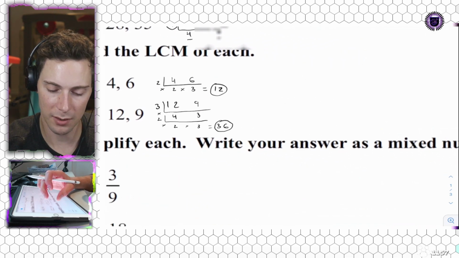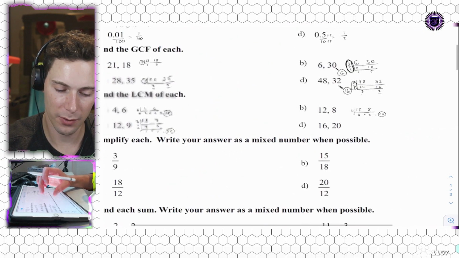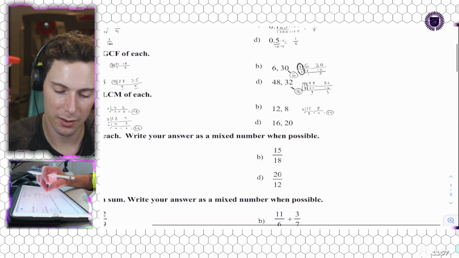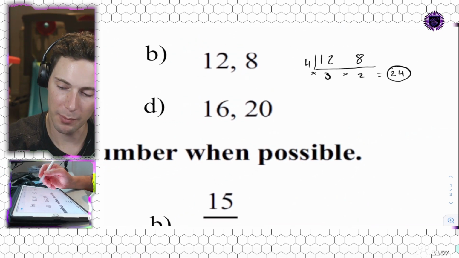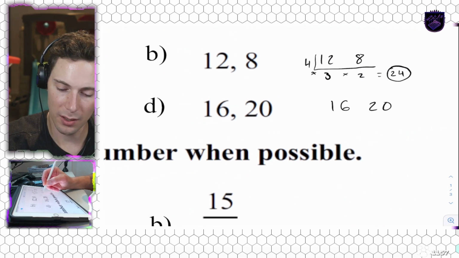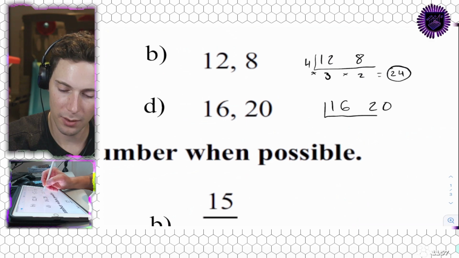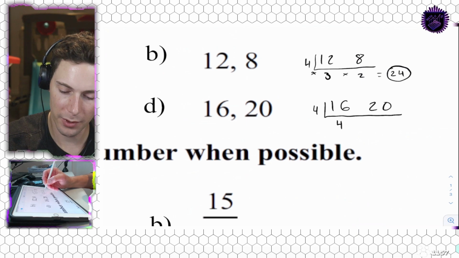There's our answer, 36. 4D, 16 and 20. What number would they both go into? All right, let's do this, 16 and 20. I know that 4 goes into both of these numbers, and that would go in 4 times, and that would go in 5 times.